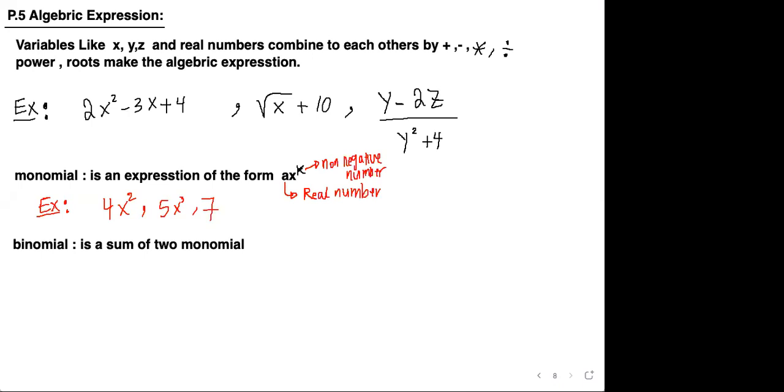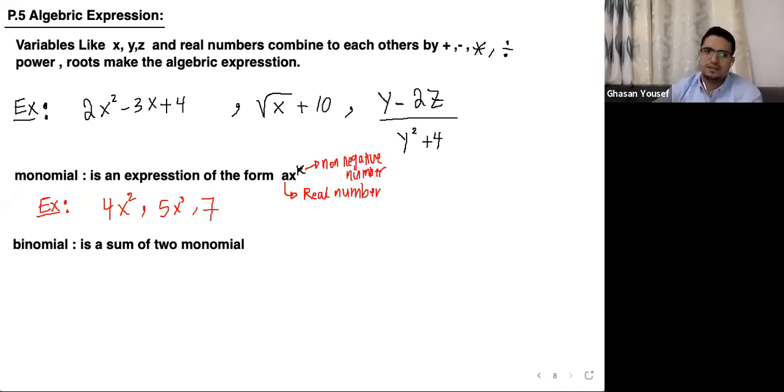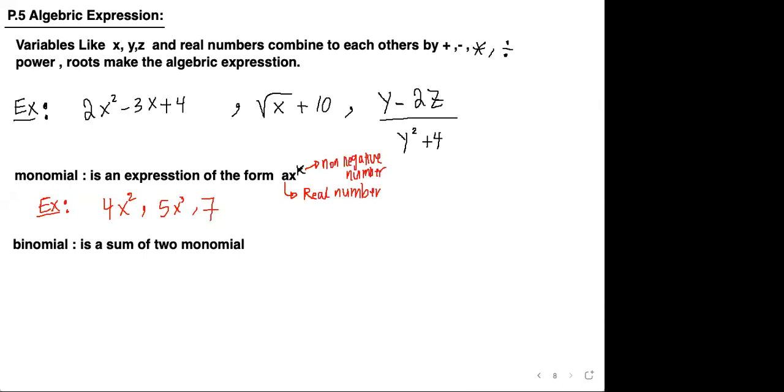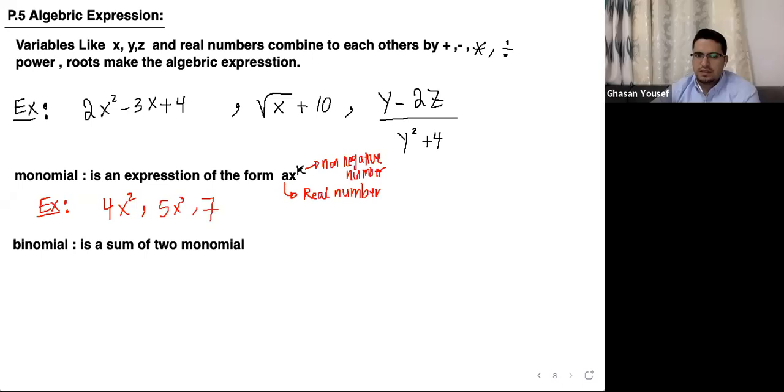No, because it only consists of a real number. You also need an exponent. But the 7, who said 7 is monomial? Who said 7 is not monomial? I did. Okay, who else said 7 is not monomial? I have only two.